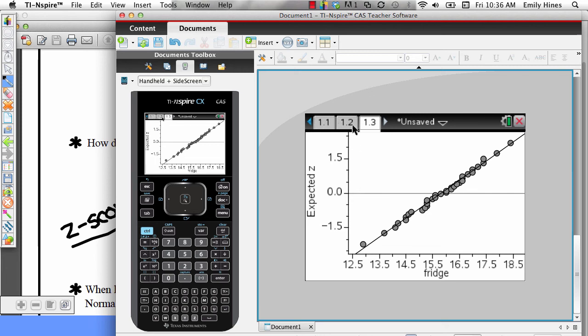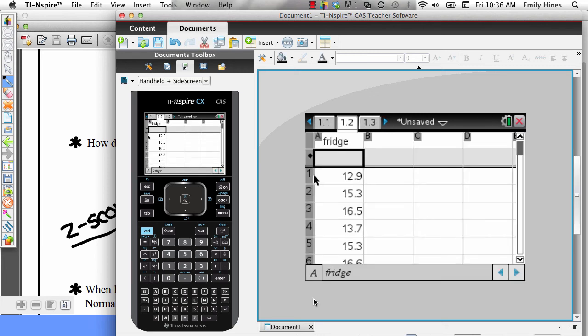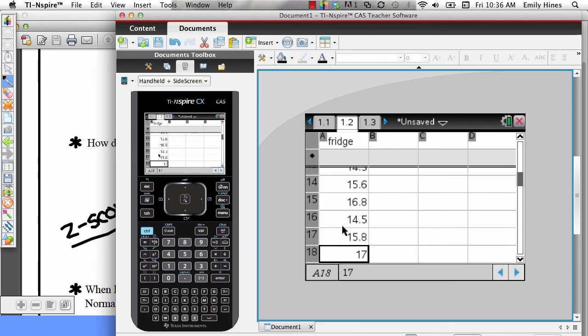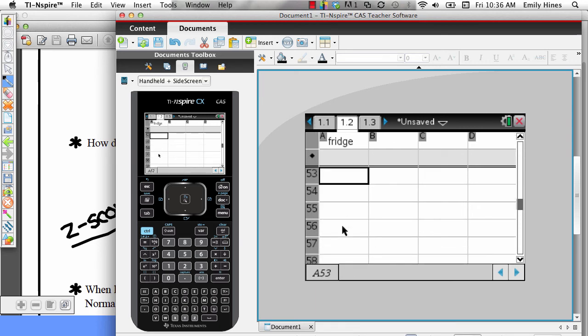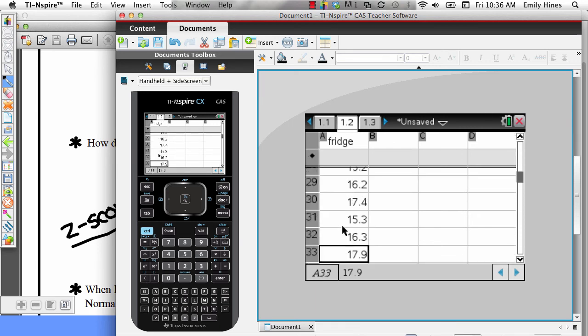If I go back and add some more data in here, let's say I add a lot towards the end. So 20.5, 23, 24, 50, 23.4.